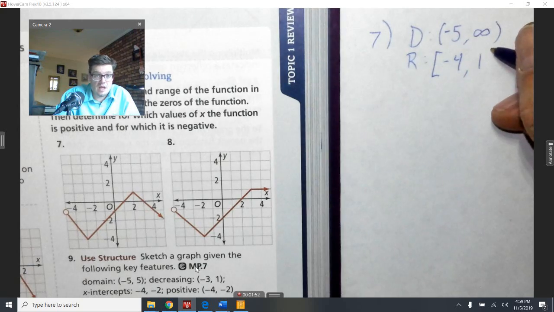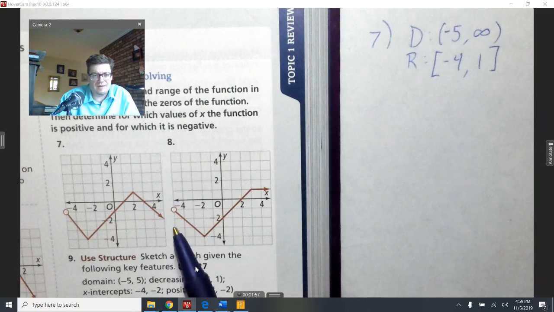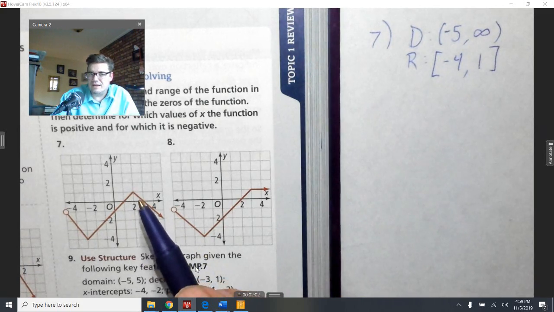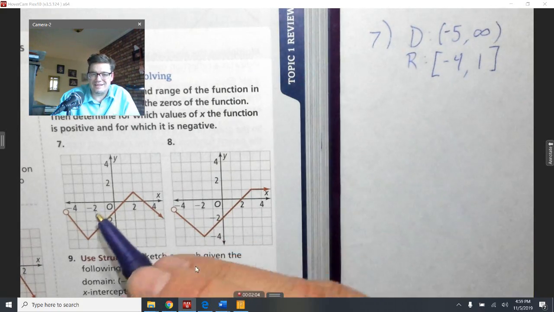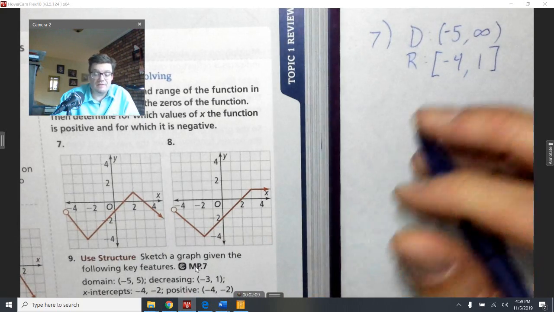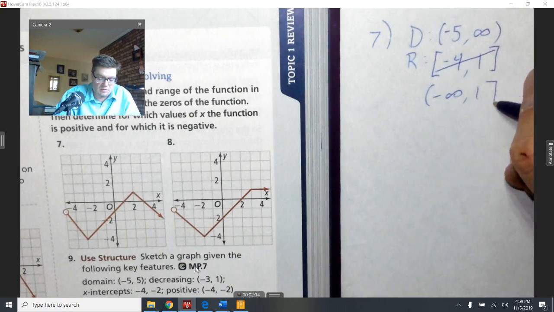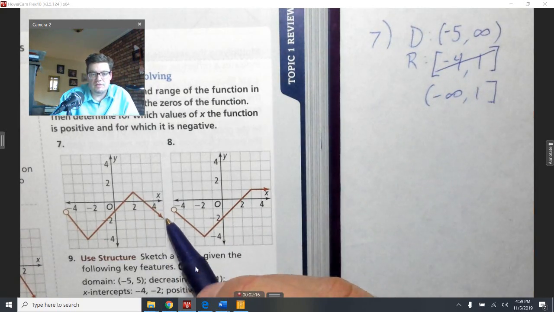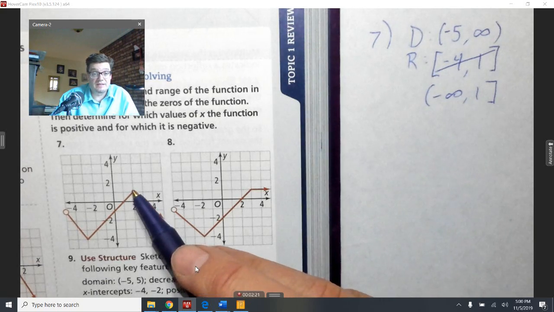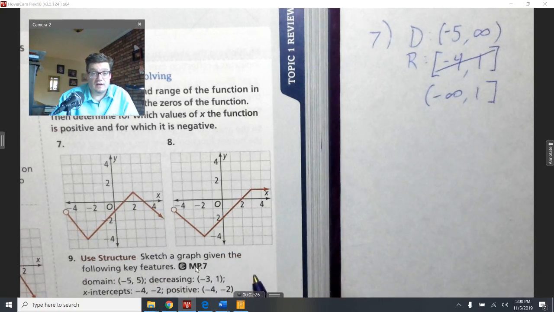However, now that I mention it, if this arrow keeps going down, down, down, that is no longer a minimum, so actually it's not -4. It would go past -4 to negative infinity. So I'm correcting myself mid-video: the highest value is +1, and the lowest value is not -4 but negative infinity, because it keeps going.